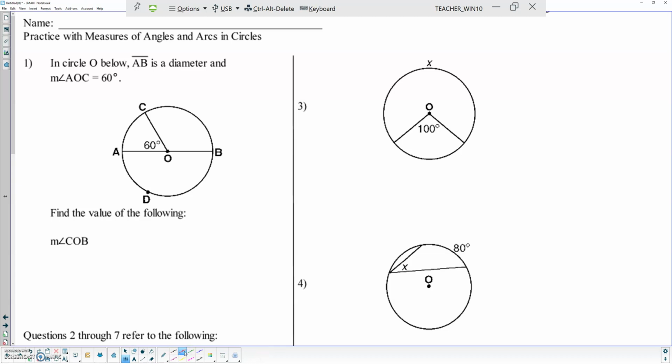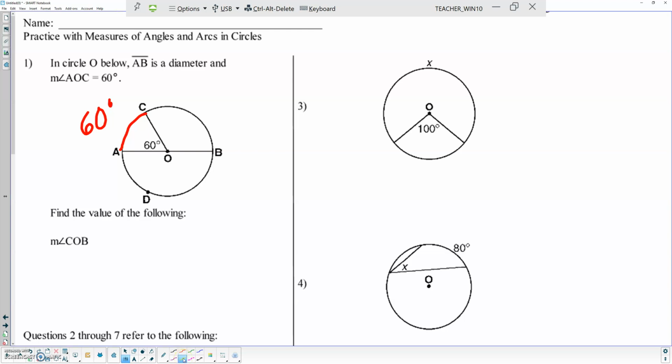Remember, a central angle is formed by 2 radii, and a central angle is always equal to its intercepted arc. So if that central angle is 60 degrees, we know that arc AC is also 60 degrees.